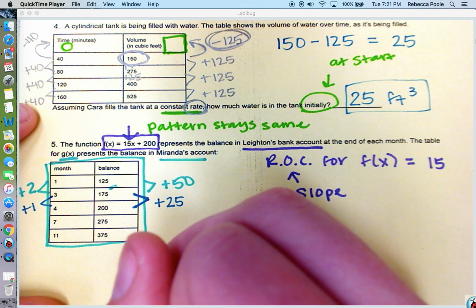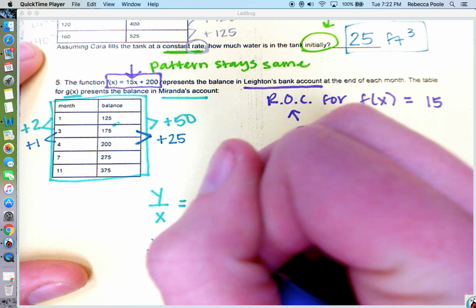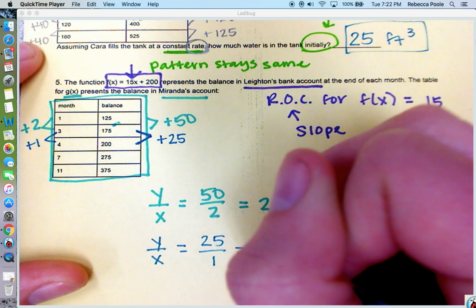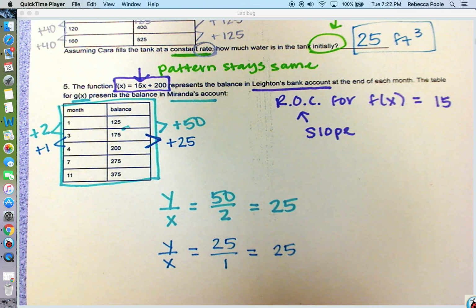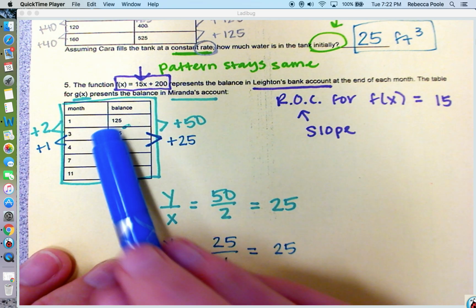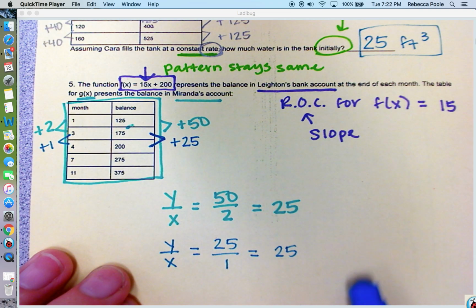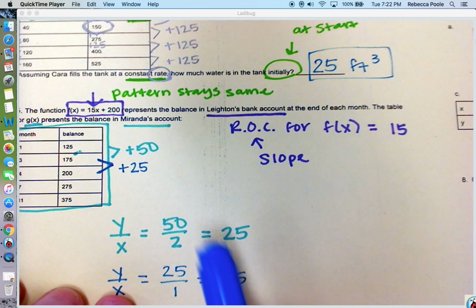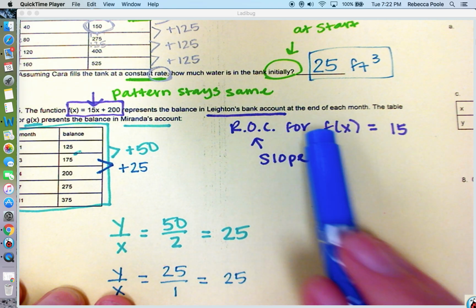If you do y over x for this darker blue, you still get 25 over 1, which is just 25. So it doesn't matter which point you pick. It should have a constant rate, okay? So everybody, no matter which points you picked, if you do the pattern, you should get 25.